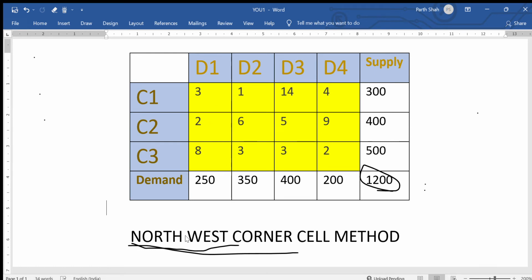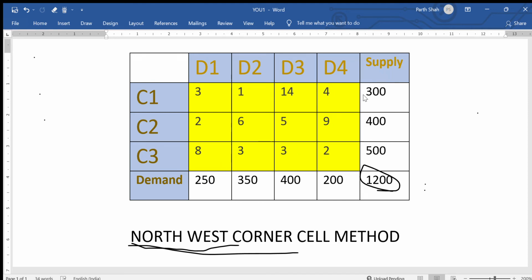As the name suggests, in this cost matrix we have to find the northwest corner. The northwest corner is this 3, which is in company 1 and destination 1. It has a demand of 250 units and the company can supply 300 units. So 250 is less than 300, that is, demand is less than supply.